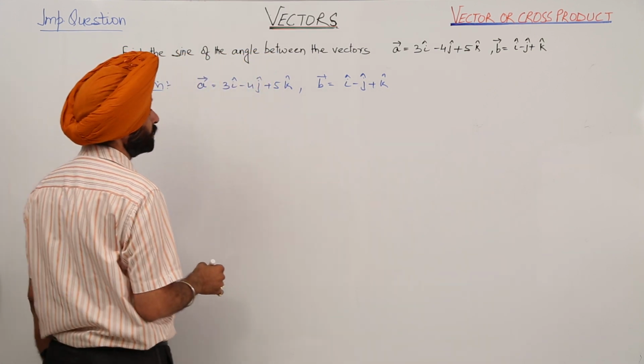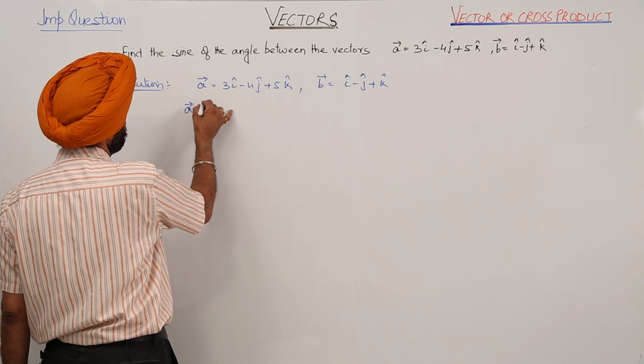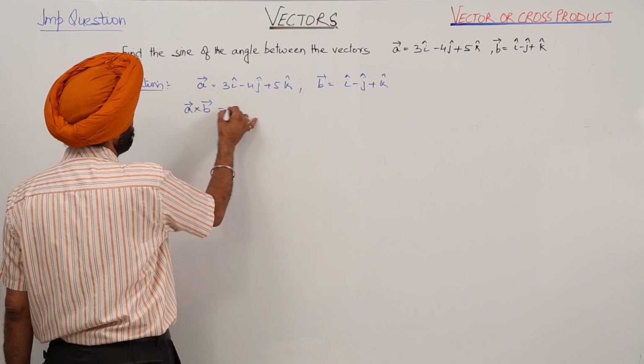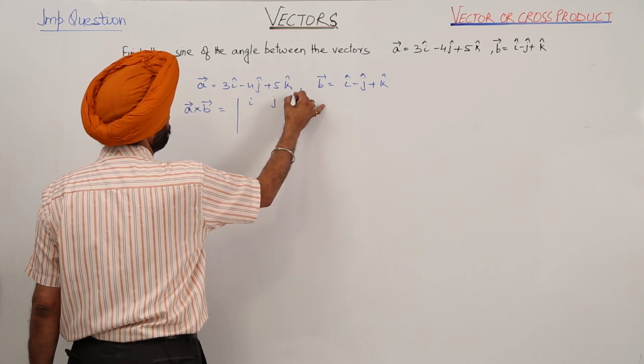Now the cross product between vector A and vector B, writing it in the determinant form.